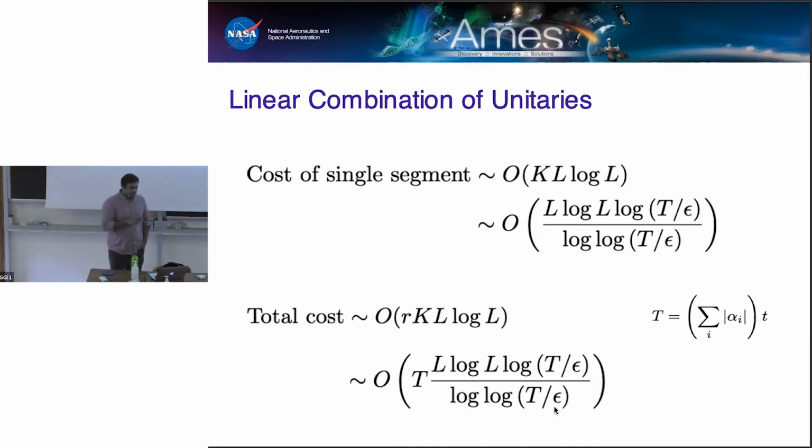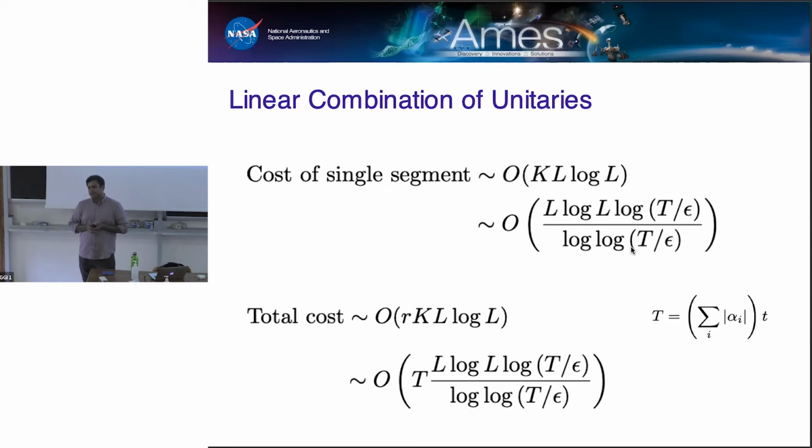Oh, so K, it has to be log(T/epsilon) over log log(T/epsilon), but that's only in order terms, right? And order basically means that you need to choose what the prefactor is. And that prefactor is something that you have to choose and test out numerically.